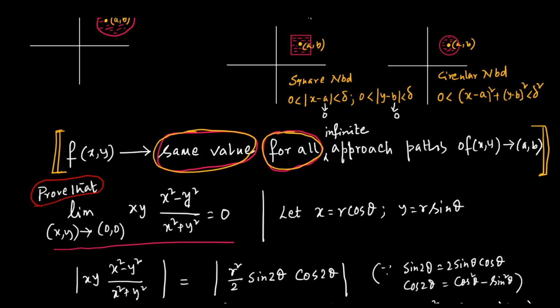This says that whenever f(x,y) approaches the same value for all possible approach paths, in that case only we can say that the limit exists. So as a counter example, if I show you two approach paths via which, when xy approaches a, b, we get different approach values of f(x,y), what will that indicate?